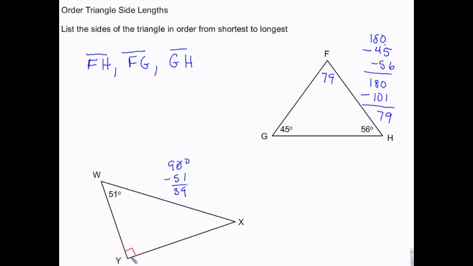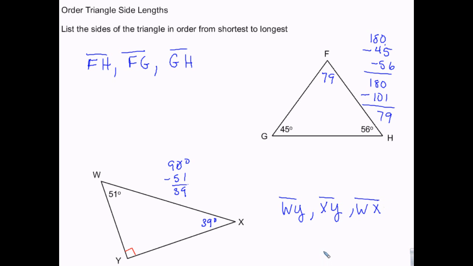So 180 minus 90 gives me 90. So I did the 90 that's left minus the 51. Make sense? So even if you do 180 minus 90 minus 51, you'll get the same. Yeah, exactly. And so 39 is the smallest. That makes WY the smallest side, followed by XY, followed by WX.